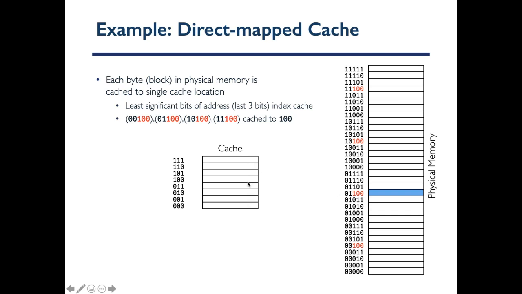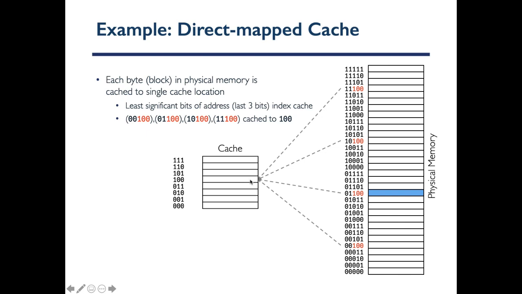So if I only consider the 3 bits of my addresses, I can find a valid address in my cache, and I would create that one-to-one mapping from each memory location to each cache location. So if we go with that, then all of these 4 locations have 100 as their last 3 bits. So they all would be mapped to this 100.